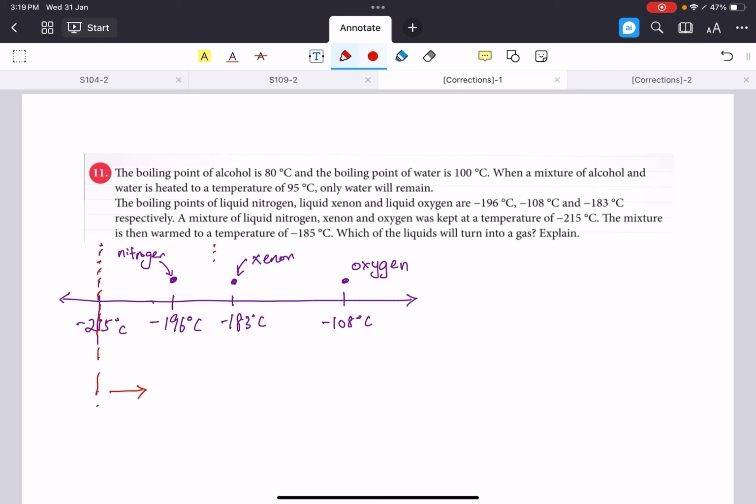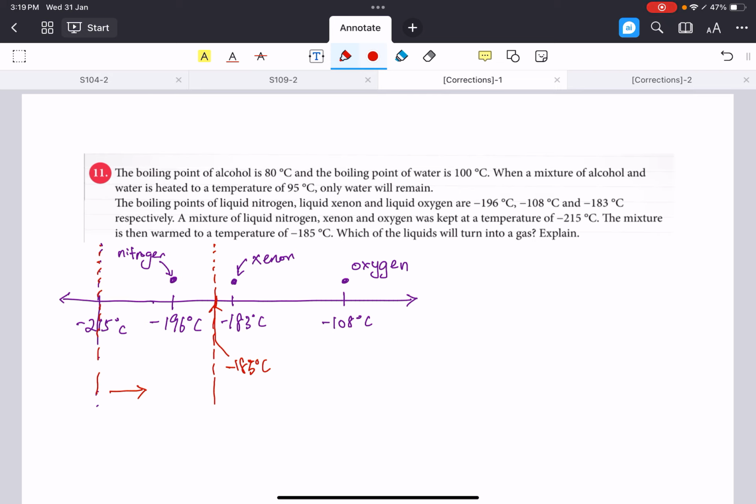Well, it is right here. So my temperature actually moved here. When it is on this second red line, xenon and oxygen are still on the right side, so they are not affected. They are still in liquid form. Whereas nitrogen will start to go from liquid form and become gas again.